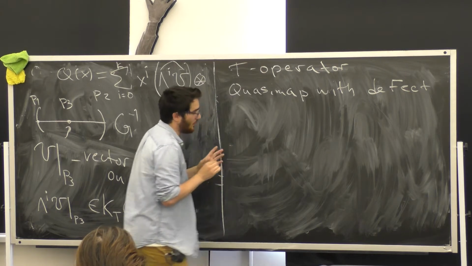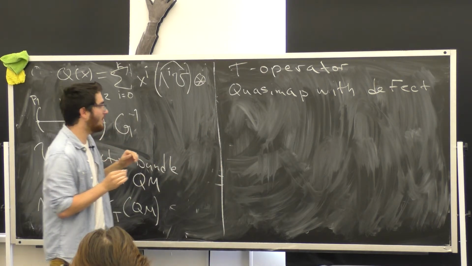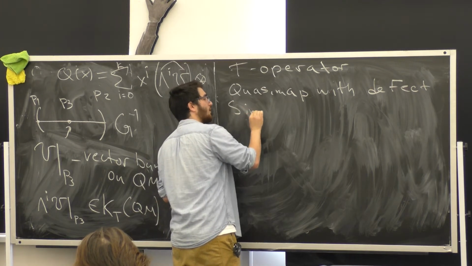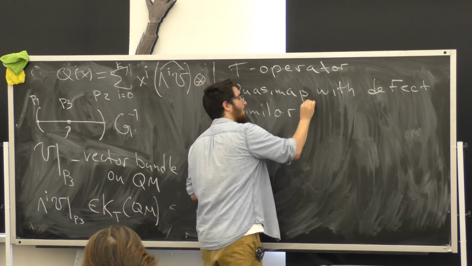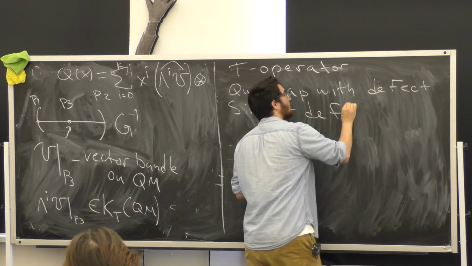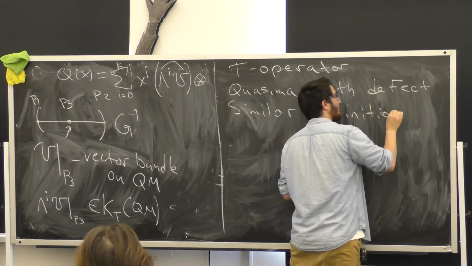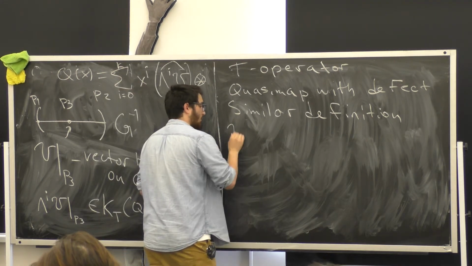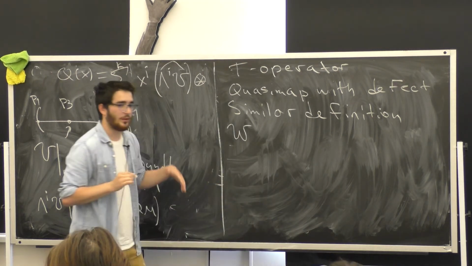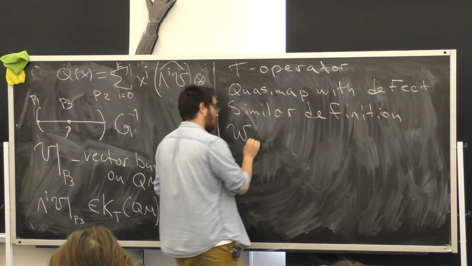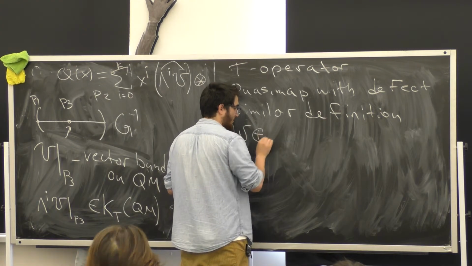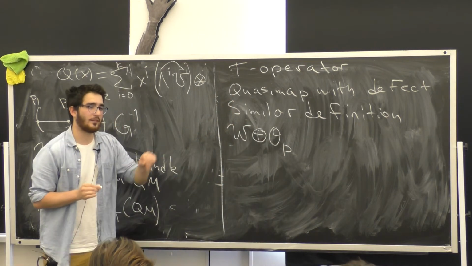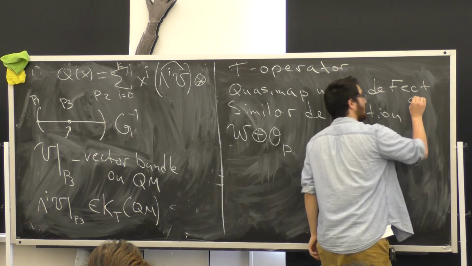What this means is that we have a similar definition, but we take W to not be a vector bundle, but a vector bundle plus a structure sheaf at a point P. So the defect is at P.